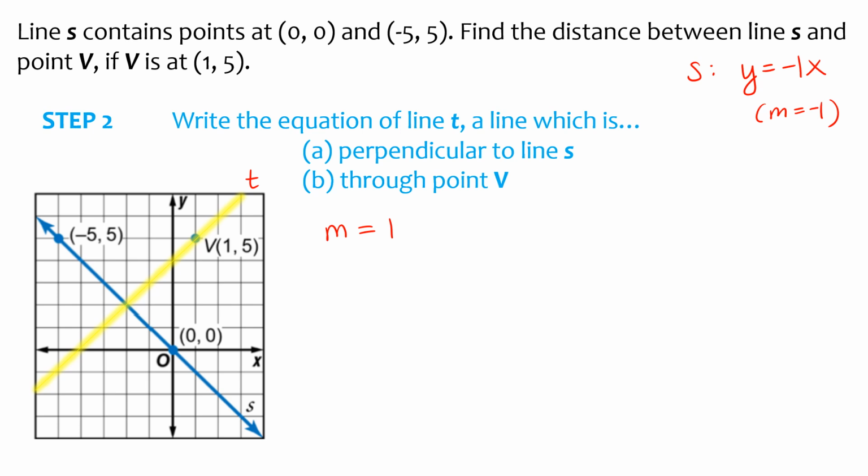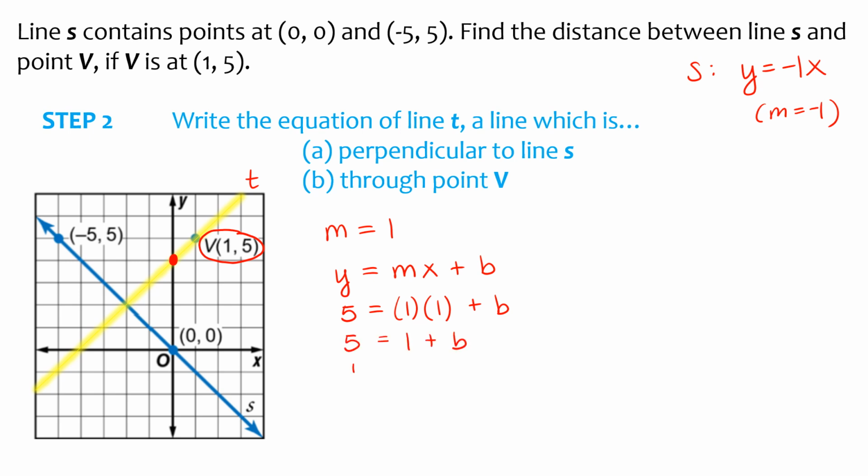Now our y-intercept, we can see the y-intercept on our graph again when the slope is 1. It does sort of make things nice and easy. You won't always be able to see the y-intercept, so just as a reminder, when you need to solve for that algebraically, what do we do? We plug in our coordinates, the x and the y. This time we're looking at point V's coordinates. So we'll plug in 5 for y. The slope we said was 1, but the x value is also 1 from that point V. So if we solve for b using this equation, we have 5 equals 1 plus b.